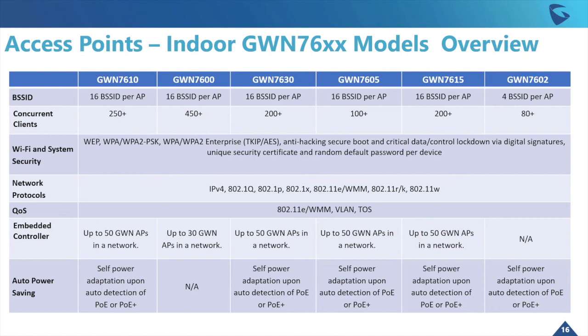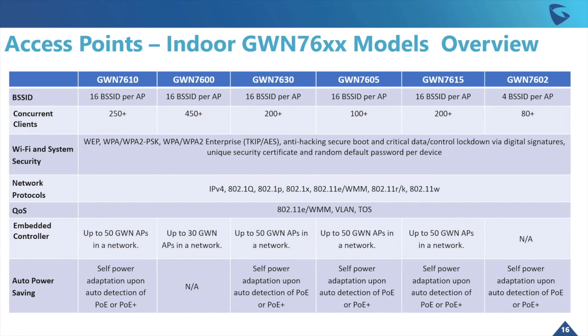There are many things that we're going to go through later in one of the slides where we talk more about the embedded controller. One thing to remember is that the only model that doesn't have an embedded controller is the GWN7602.